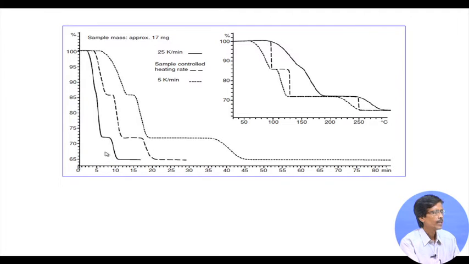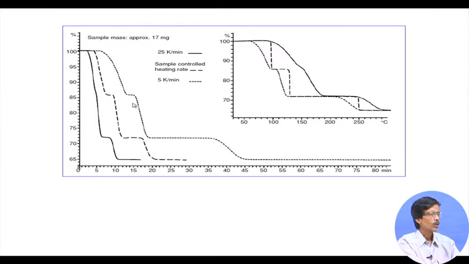If we go from 25 Kelvin per minute heating rate to 5 Kelvin per minute heating rate, we see the nature of this plot is different. It is not that the decomposition temperature is changing, because in this case we are plotting against time.